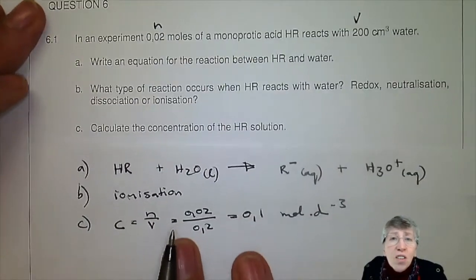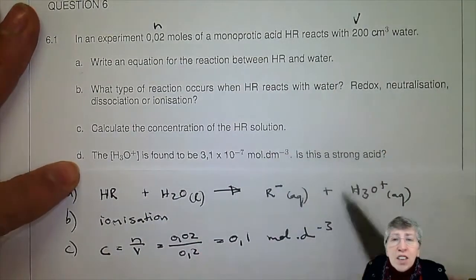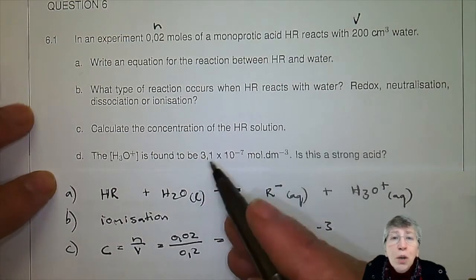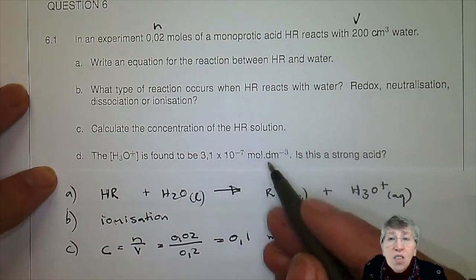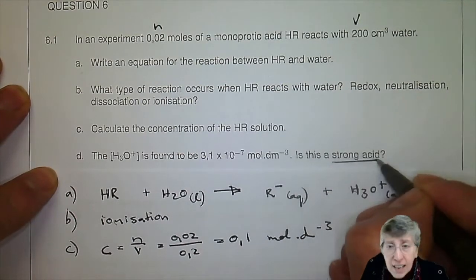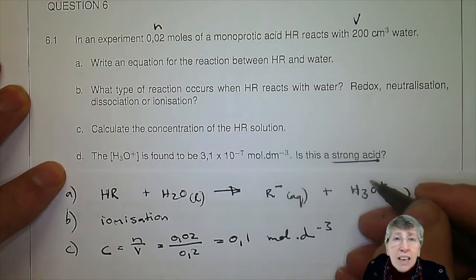And now they ask us, if they do this and they go and measure, they find out that the hydronium ion concentration is 3.1 times 10 to the minus 7, and they ask us, is this a strong acid? Now first, what is a strong acid? The definition of a strong acid, it ionizes completely, right?